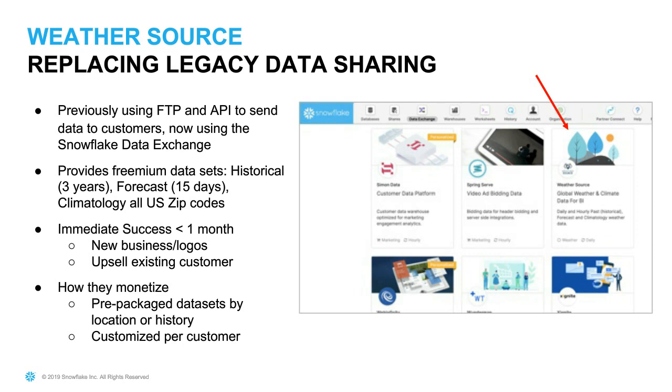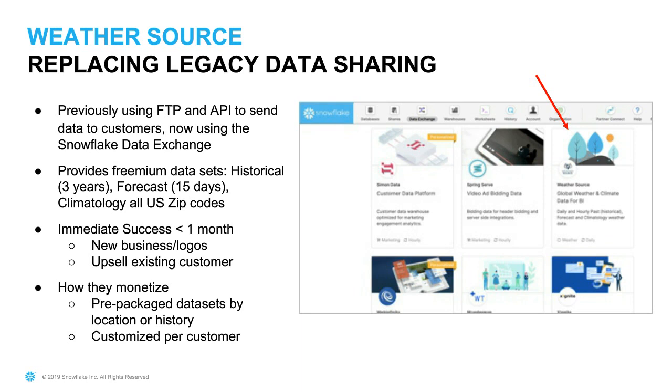one of our customers, our partners, WeatherSource. One of the things that we've enabled is the ability to not only exchange these real-time pointers to another organization's data, but also to provide a catalog of these data sets that are available on the platform in what we call the Snowflake Data Exchange.